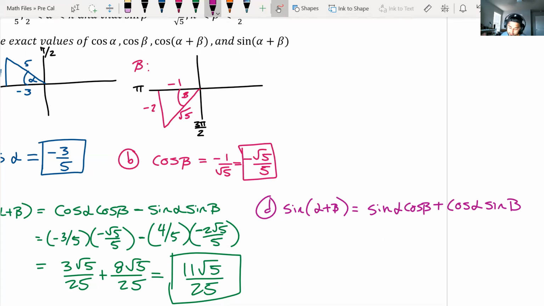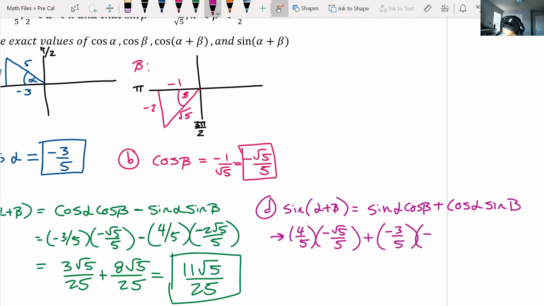And what is the sine of alpha? 4/5. What is the cosine of beta? Negative square root 5 over 5. Good. Plus, what's cosine alpha? Negative 3/5. And what is sine beta?